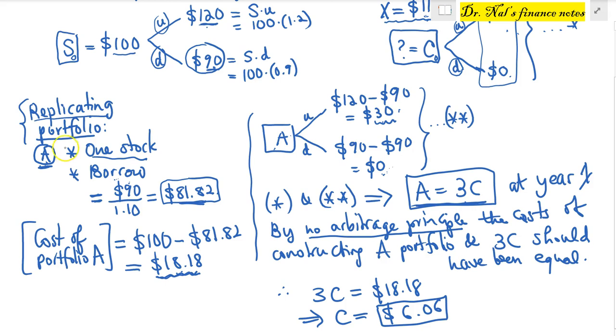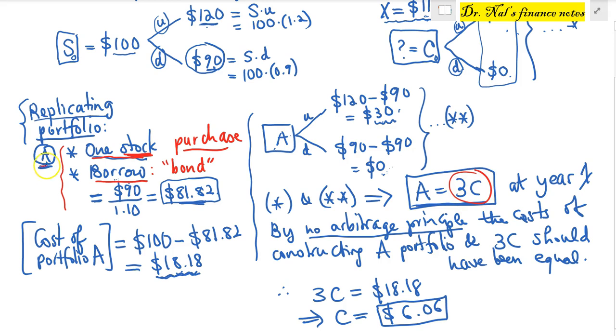So let's have a look one more time at how we constructed this portfolio. Basically what we did is we purchased a stock and we borrowed some money. You can think of borrowing money as a bond security, and purchasing the stock is related to the stock again. So combining a stock and a bond, we created a synthetic call option, right?